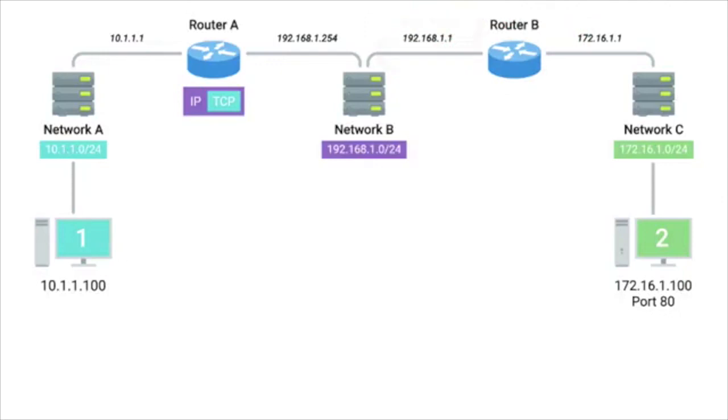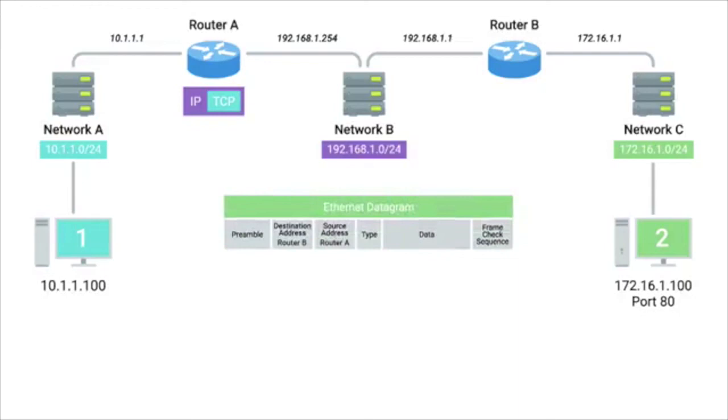It looks at its ARP table and sees that it has an entry for 192.168.1.1. Now, router A can begin to construct an Ethernet frame with the MAC address of its interface on network B as the source and the MAC address of router B's interface on network B as the destination.